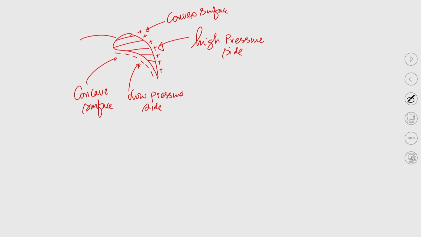So, this is the blade of a radial flow pump.